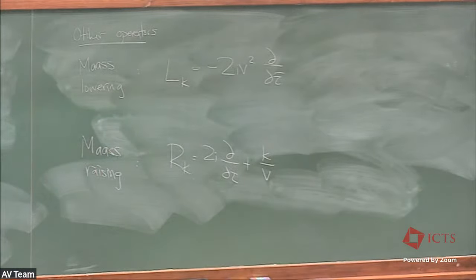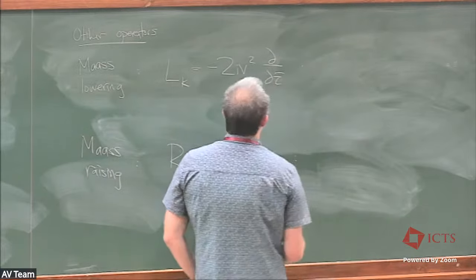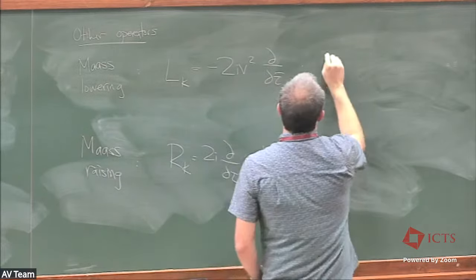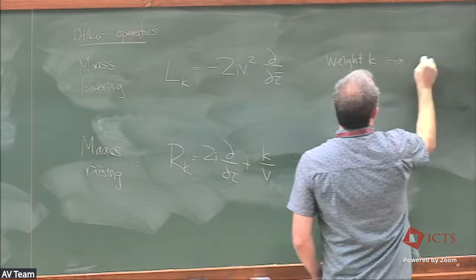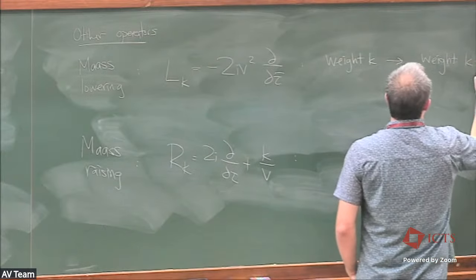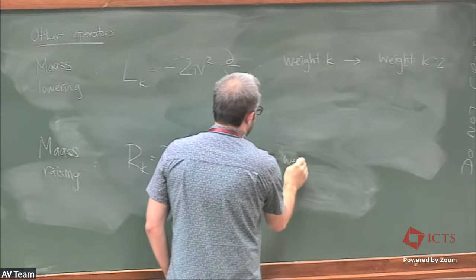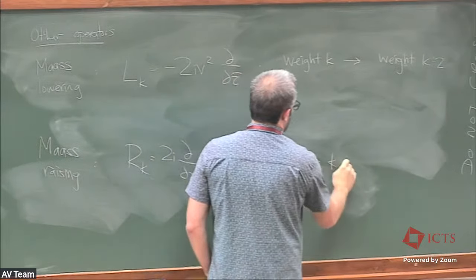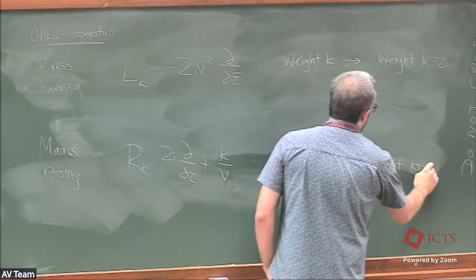And basically these have the following properties. The lowering operator takes you from weight k to weight k−2. And the raising operator takes you from weight k to weight k+2.